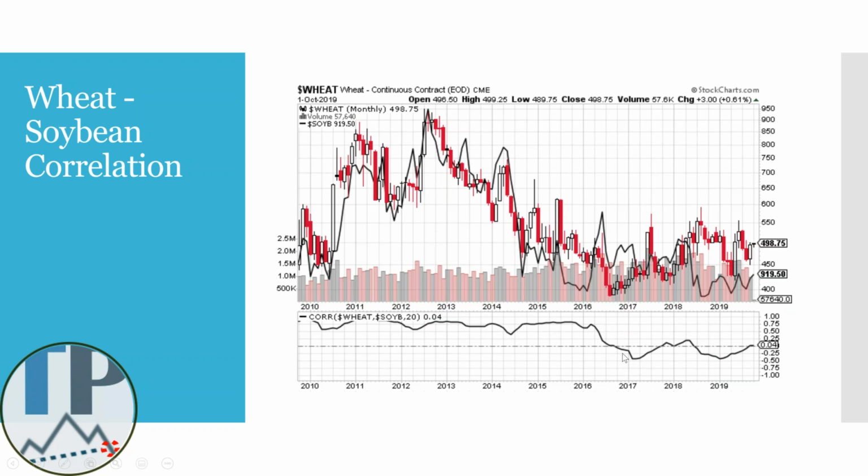So one thing to keep in mind, obviously, is when looking at correlations between two markets, you need to ask yourself, what is the economic reason behind why these pairs of markets are correlating in the first place? Is there causation going on?